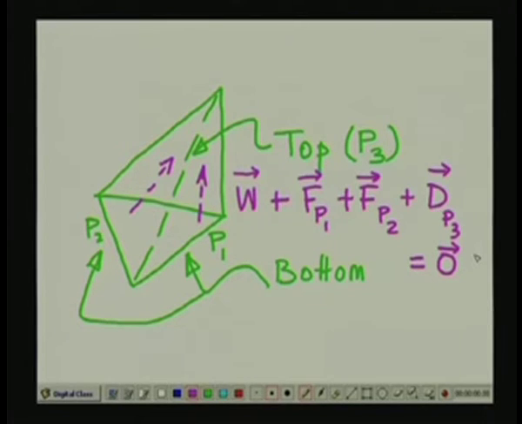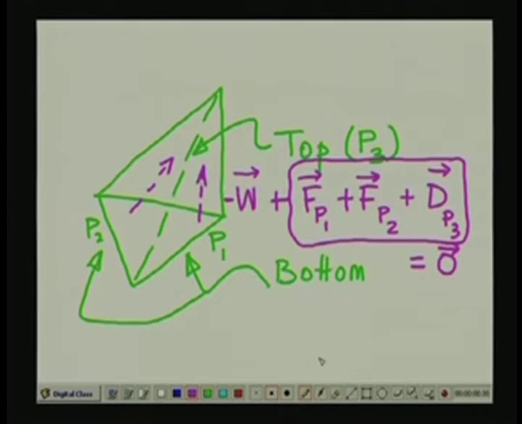Then this particular wedge is going to remain stable. Now, if you add these three quantities and the sum exceeds the weight, then also the wedge is going to remain stable.